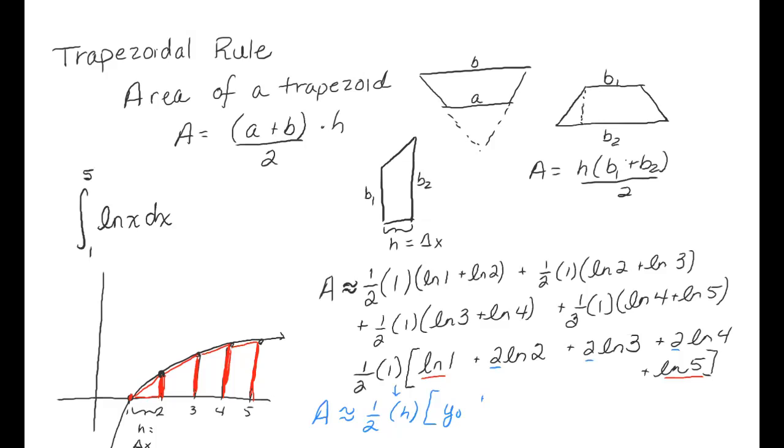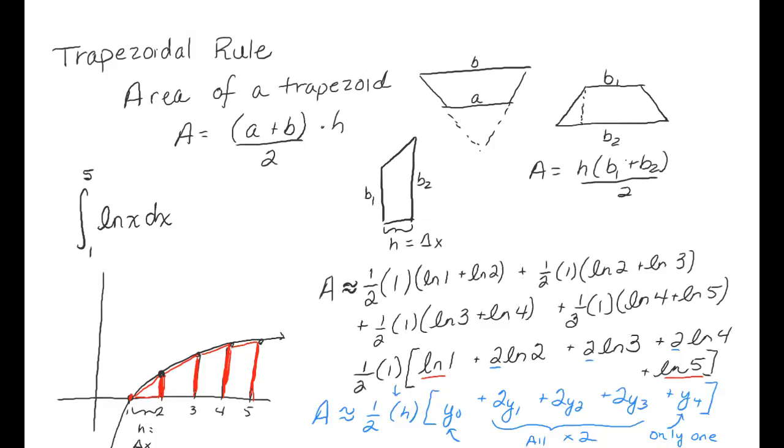And then I have 2 times y sub 1, 2 times y sub 2, 2 times y sub 3, and then finally y sub 4. The end values only appear once. And the middle ones are all multiplied by 2. So that's our trapezoidal rule. And that means we need to add those numbers together, multiply by 1/2, and we come up with our approximation.